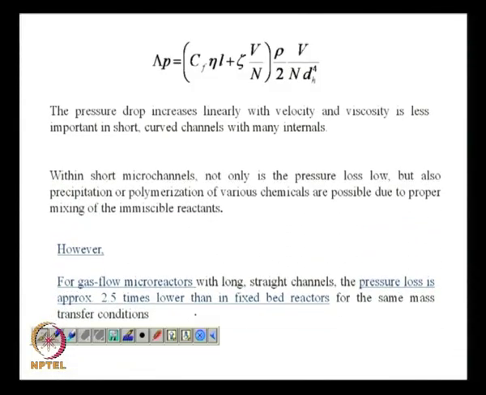There are certain obvious observations which one can make: when we have a very short microchannel, the pressure loss may be low, but the reduction in pressure loss can be more than offset by certain chemical reactions which may take place in shorter microchannels. In shorter microchannels, the mixing is going to be very good.